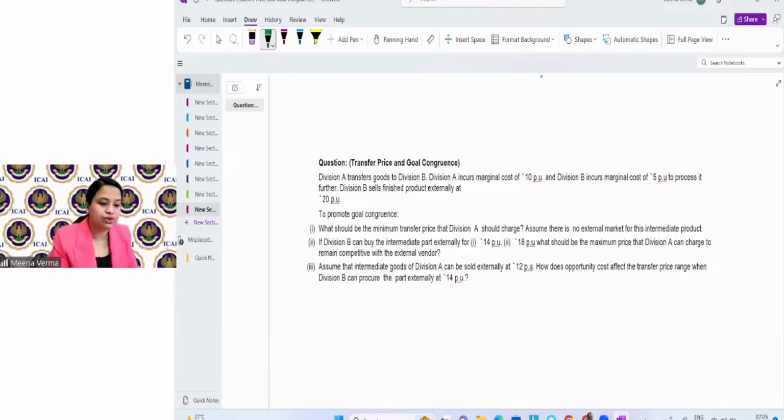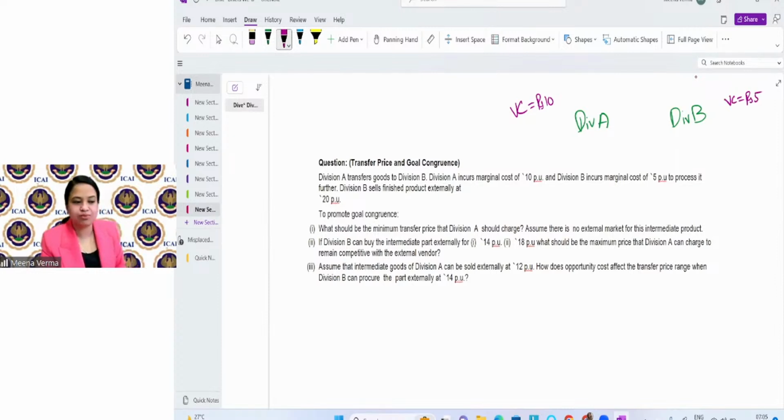So we have two divisions, Division A and Division B. What is happening here? The marginal cost, or the variable cost, for Division A is rupees 10, and the variable cost for Division B is rupees 5.